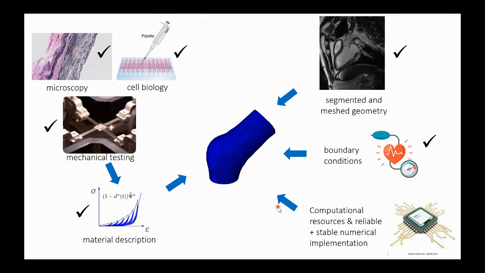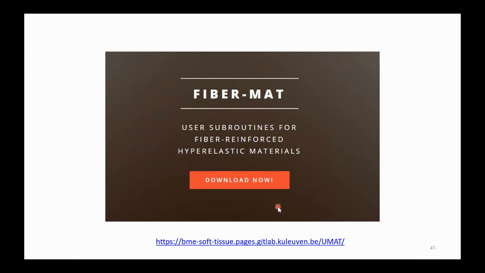So that's it with respect to material description. Then the next part that we need, of course, is computational resources and a reliable and stable numerical implementation. I won't go into those details, but I just wanted to show this publication that we made on UMATs, because we actually wanted to share all the efforts that we put in terms of trying to get a fiber-reinforced hyperelastic material implemented in Abaqus, in our case, because it really led to a lot of frustrations and errors that we did not expect, and we think that other people will also not expect.